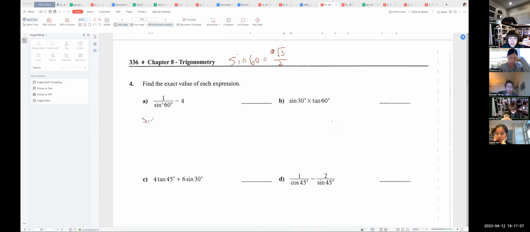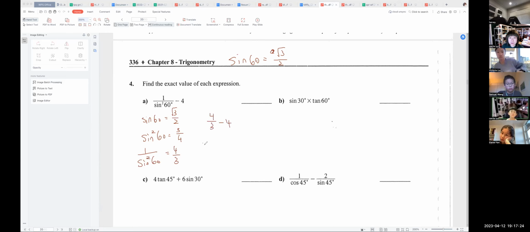So sine squared 60 equals 3/4. So 1/sine squared 60 equals 4/3, right? So 4/3 minus 4 equals negative 2 and 2/3. Get it? So that is the answer.